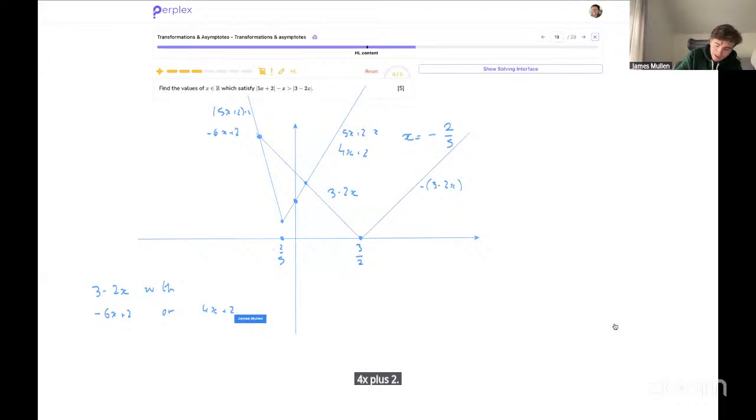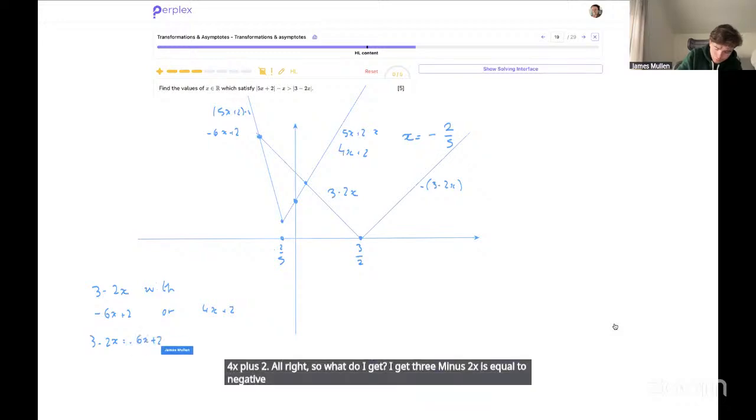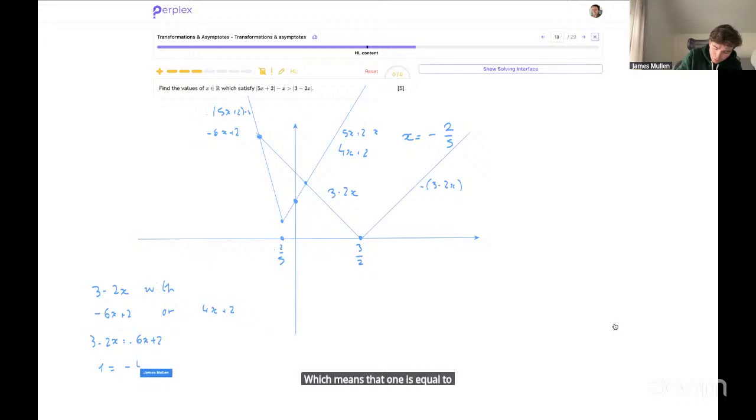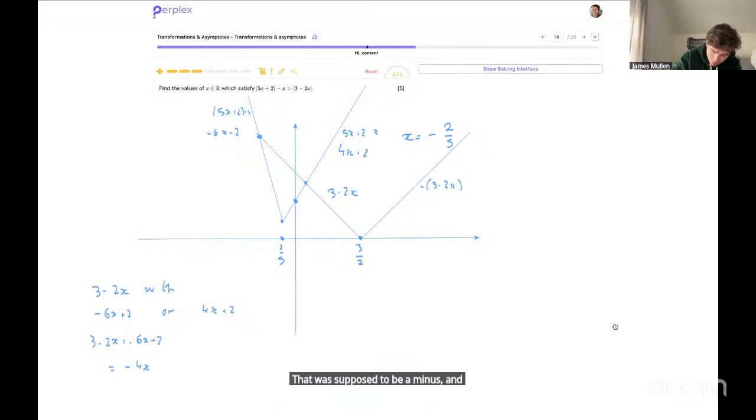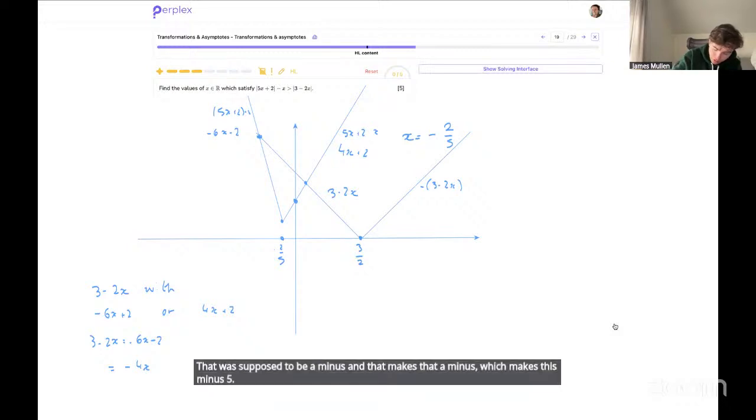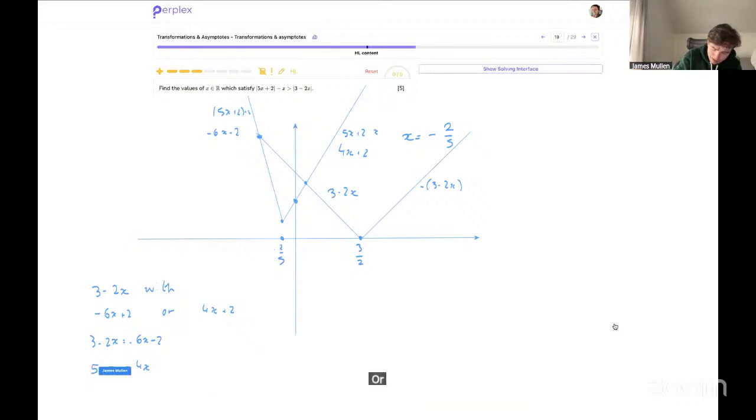So what do I get? 3 minus 2x is equal to negative 6x plus 2, which means that 1 is equal to negative 4x. Hang on, is there a mistake there? Yeah, this is supposed to be a -2. That makes this -5, which means that x is equal to -5 over 4.